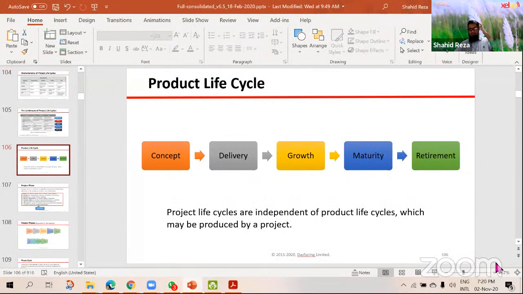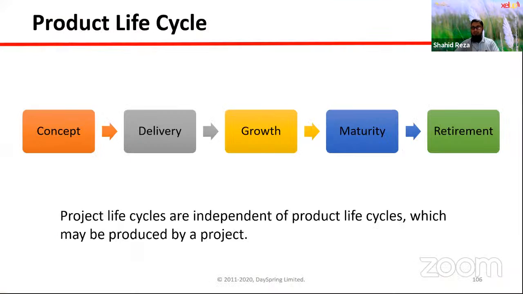So I will start from this slide. Product life cycle. Actually, the main concern of PMBOK is about project life cycle. What is the project life cycle and how do we maintain it? But in PMBOK, there is also mention of product life cycle.